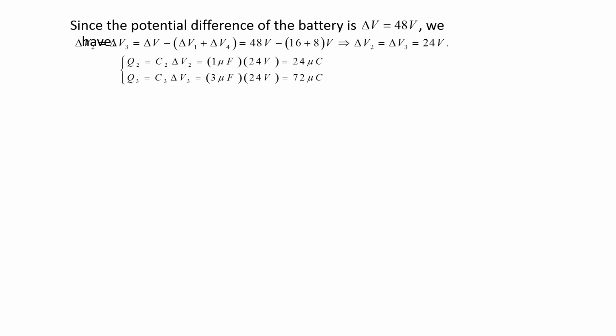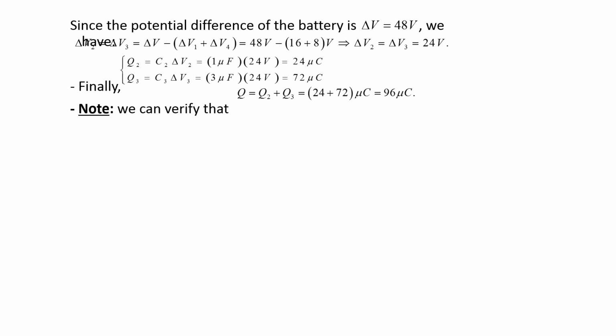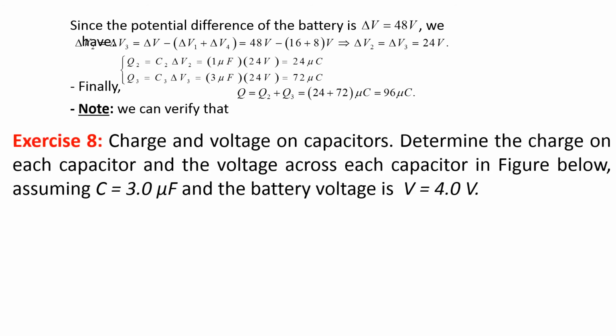And the charge 3 equals the capacitance 3 times the potential difference 3, equals 3 microfarad times 24 volts, equals 72 microcoulomb. And finally, we can verify that this total charge is equal to charge 2 plus charge 3, 24 microcoulomb plus 72 microcoulomb equals 96 microcoulomb.